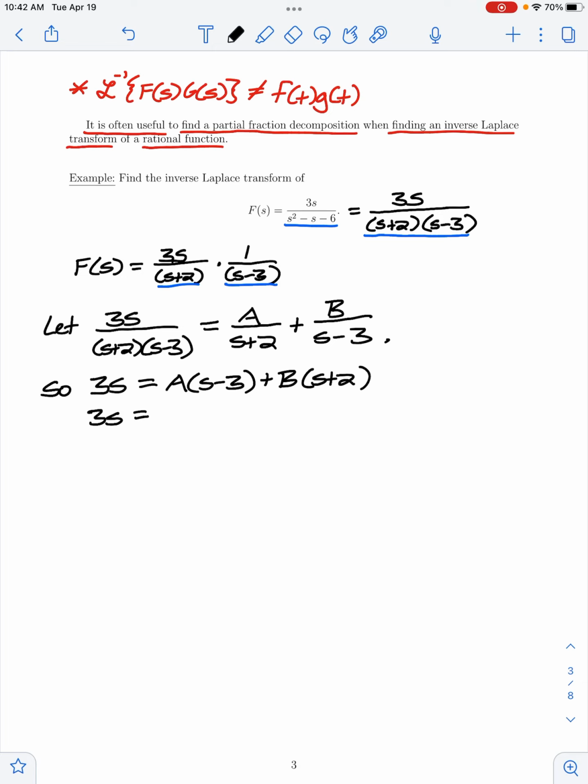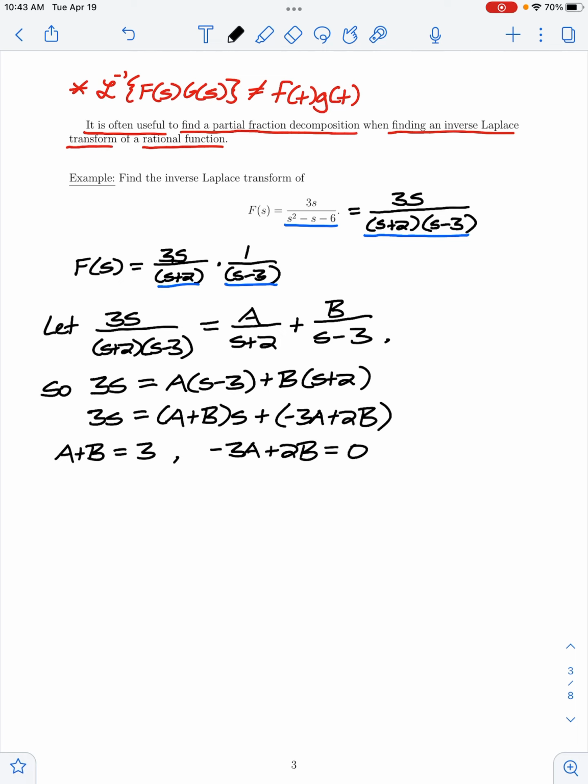So if I expand on the right-hand side and collect like terms, I would have a plus b times s plus negative 3a plus 2b. And equating the coefficients, I find that a plus b, the coefficient of s, must be 3, and negative 3a plus 2b, the constant coefficient, must be 0.